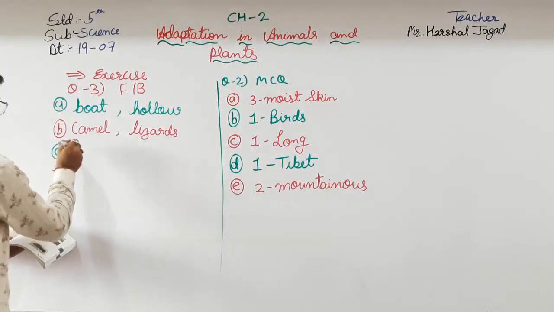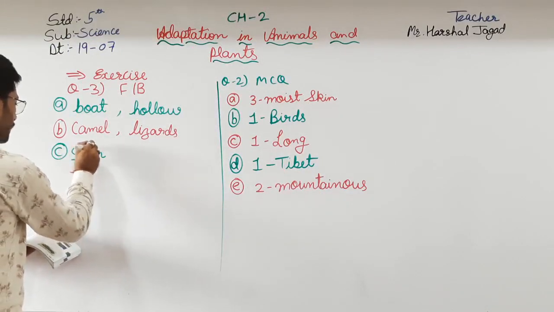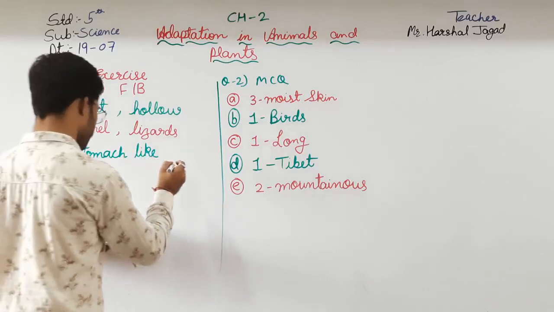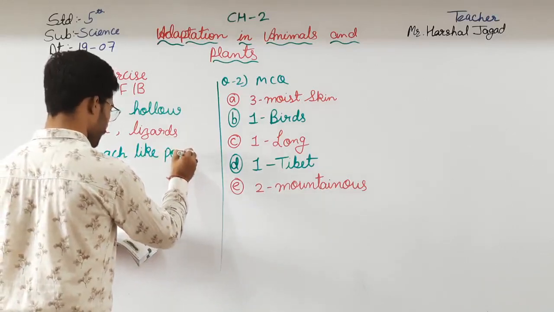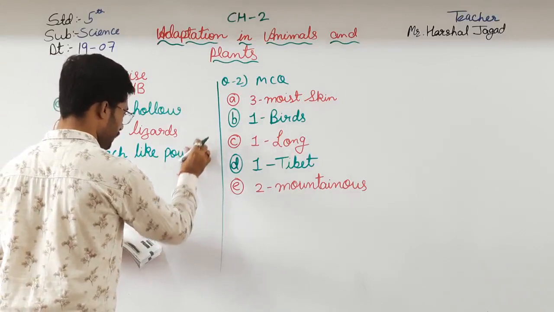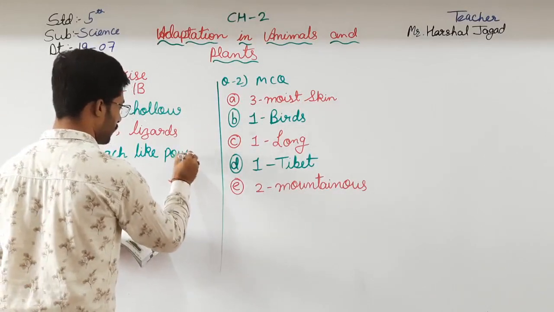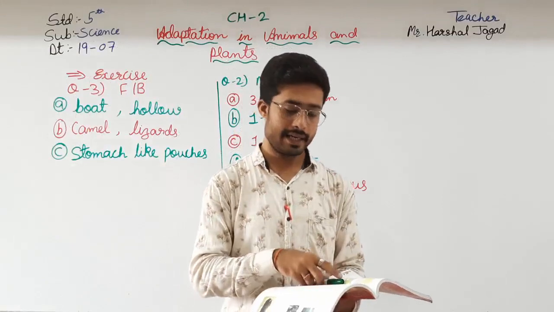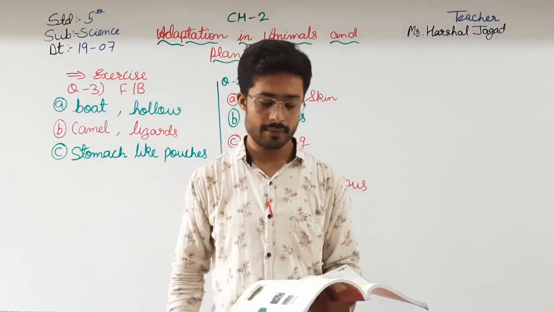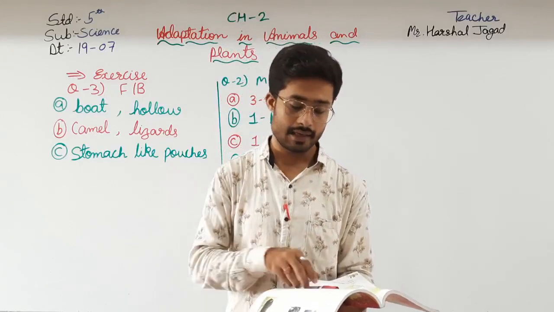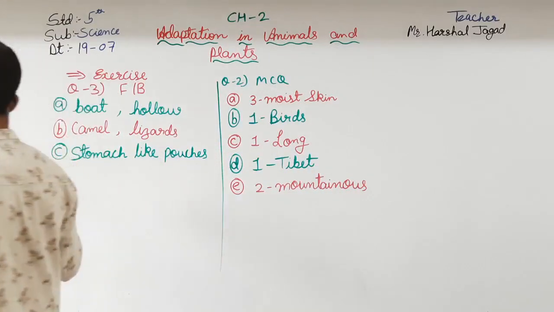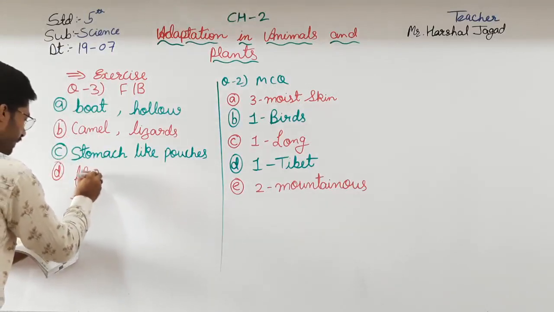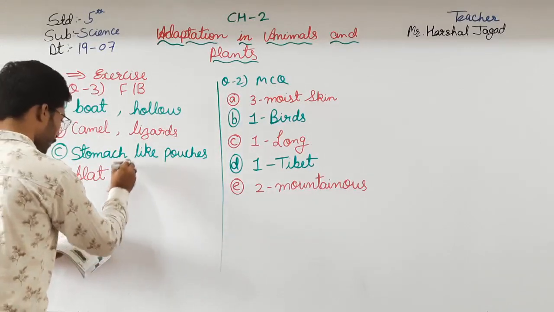So C, okay, stomach like pouch. Then after D, the reindeer have dash to enable them to walk on the snow and ice, that is flat hooves. D, that is flat hooves.